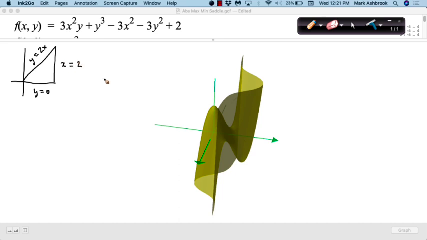According to this given situation, it only makes sense for combinations of x, y ordered pairs that fall in this region.